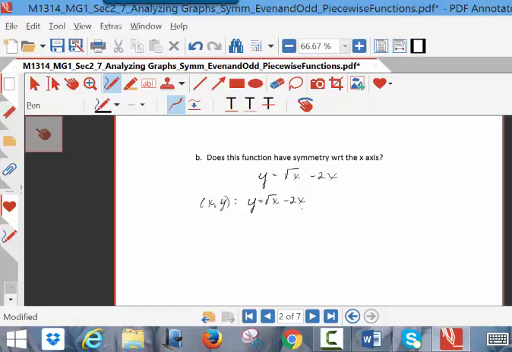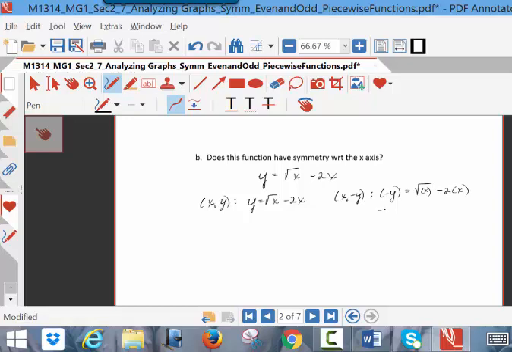So where it gets interesting is if I have it so it has symmetry with respect to the x-axis, that's where y is replaced by negative y. And that's going to create the equation y replaced by negative y and leave the x alone.